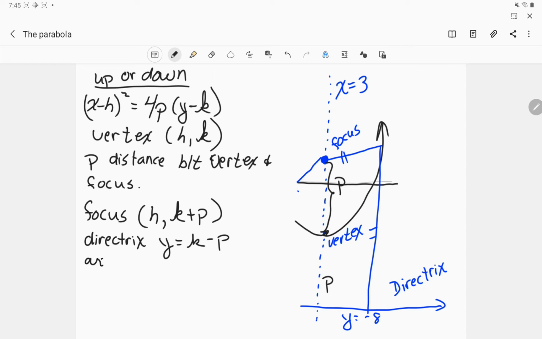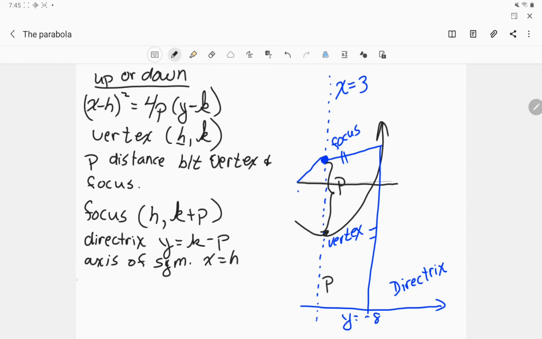Your axis of symmetry is x is equal to whatever the x value is in your vertex and in your focus. So it's x is equal to h.